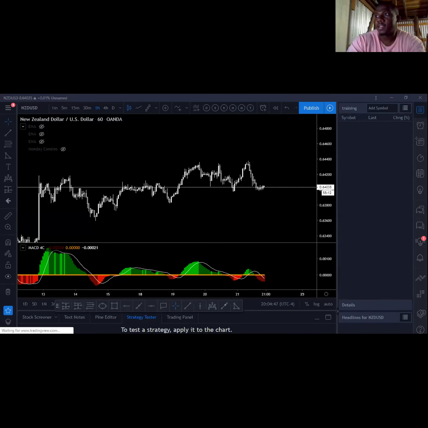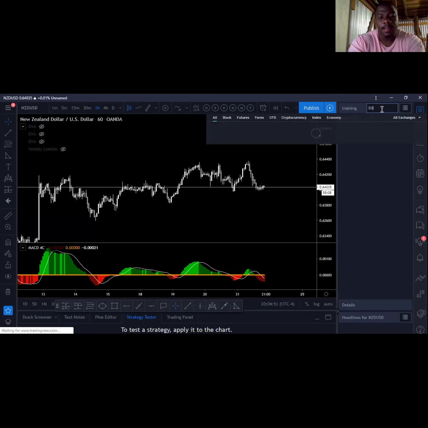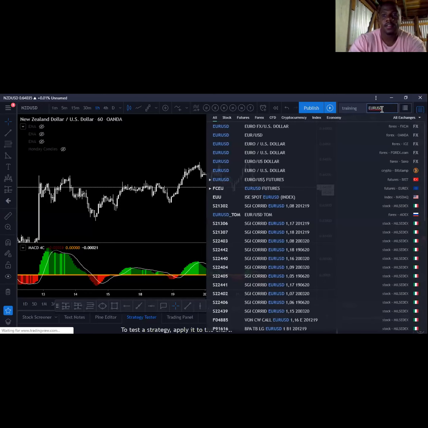Whatever my pair is, I can come to the top and add EUR/USD. You have the same pair, but here you will see different exchanges offering their representation of that pair. It mainly looks the same, but you might see slight discrepancies if you choose different exchanges.